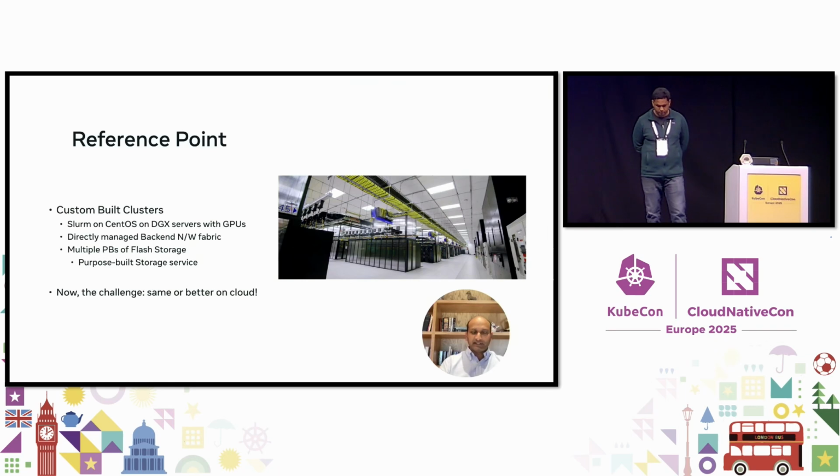The cluster had a directly managed backend network fabric, multiple petabytes of flash storage, and a purpose-built storage service to accelerate training, right? Now, this is awesome. This is direct control that we had, but the challenge is, can we take this and replicate it on the cloud, maybe even do better than the physical cluster?